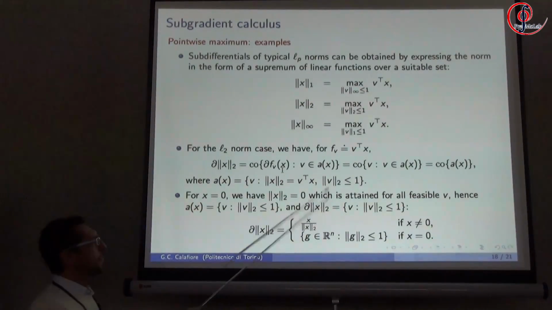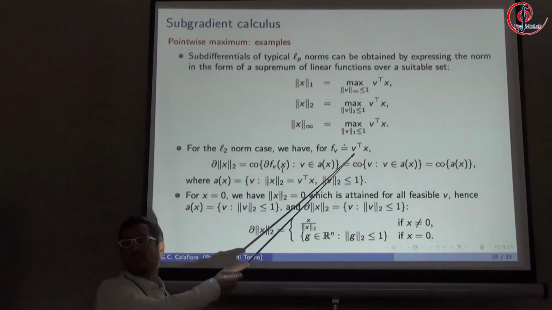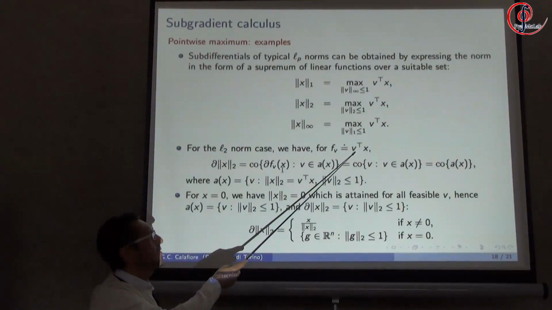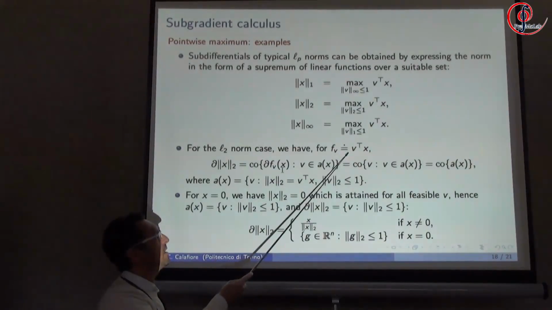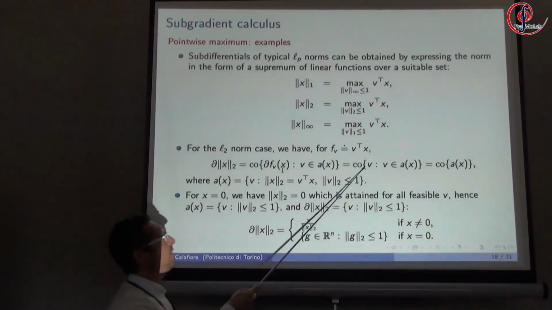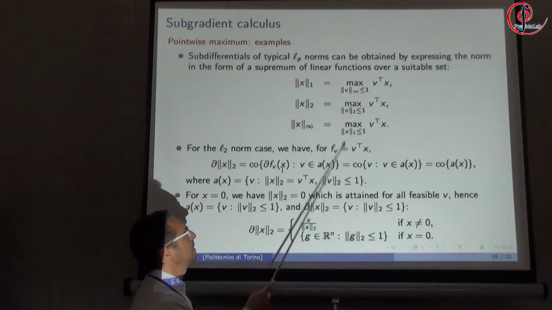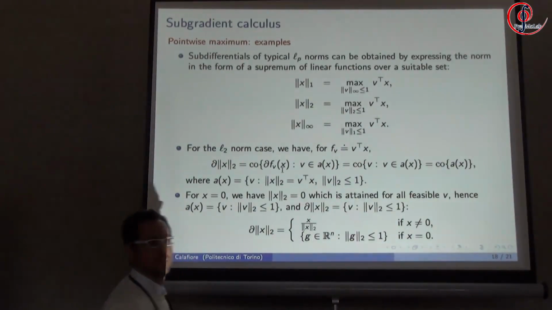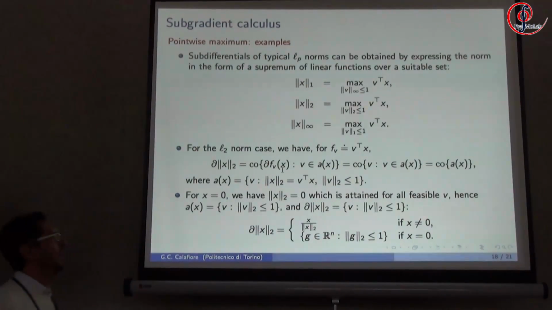So of course, for each v, this function has a standard gradient. And what is the gradient of this function? Well, it's v. Okay? The gradient of a linear function is v. So what is the subdifferential? It's just the convex sum of all vectors v of the active functions, of the functions that are active.